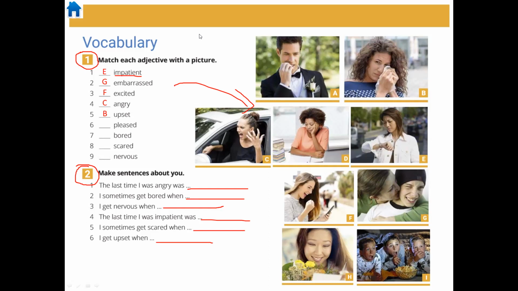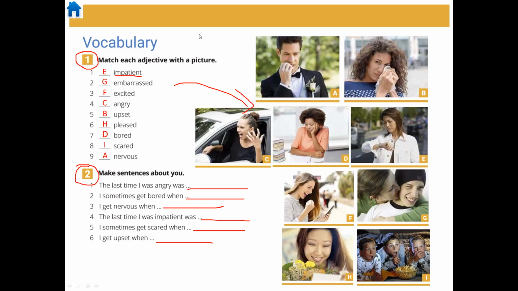Similar meaning, pleased or happy. It's picture H. Number 7, bored. This picture D. Number 8, scared or frightened. Similar word, scared. This picture I. And nervous. This picture A.